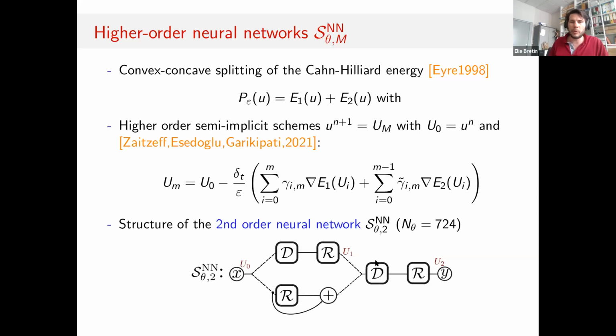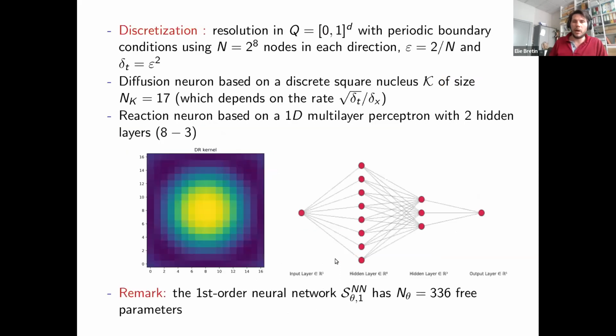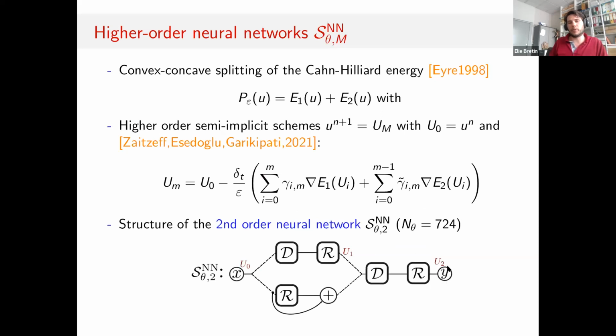And with this second order neural network, which is inspired by this kind of scheme, we have only 725 degrees of freedom. So it's also not so big.